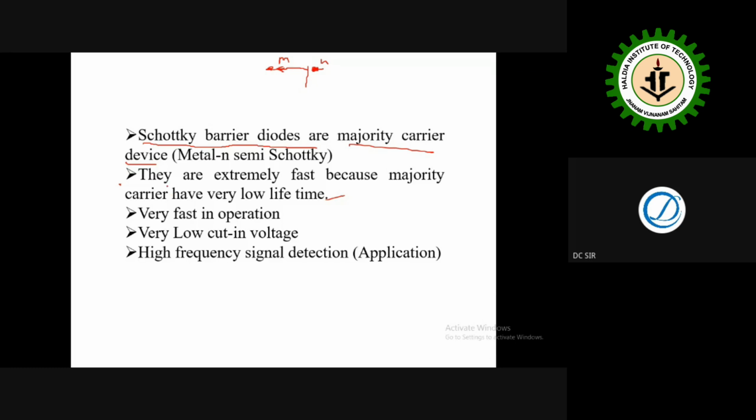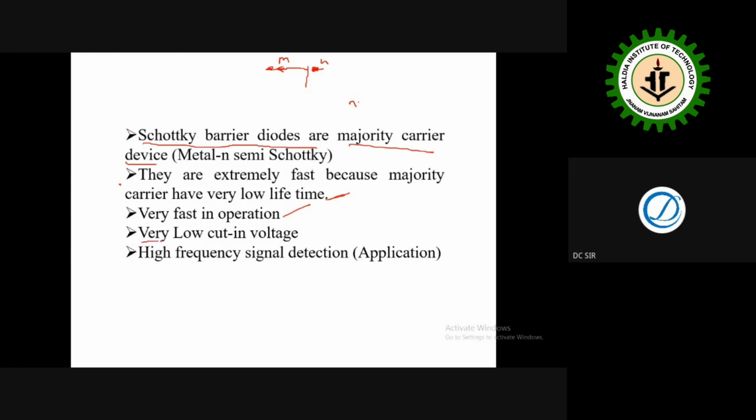So they are extremely fast because majority carriers have very low lifetime, very fast in operation, with very low cut-in voltage. What happens in this case? The barrier is lower. So if you apply a very low forward-bias voltage, then current can flow from either side.